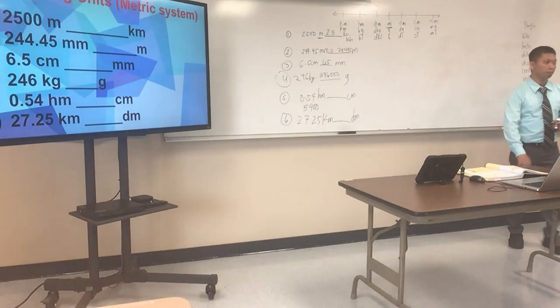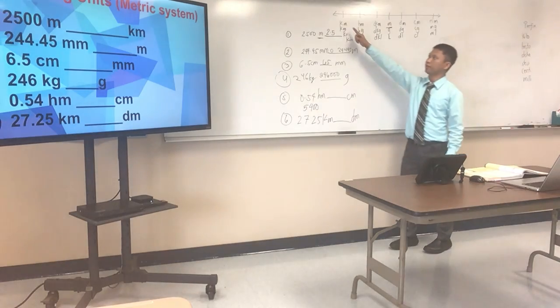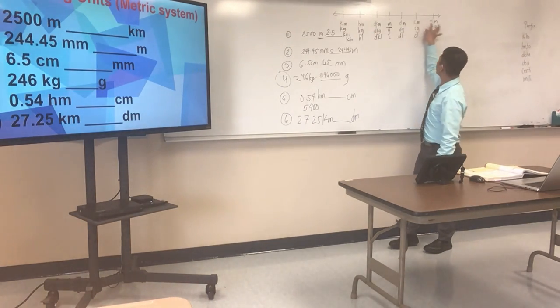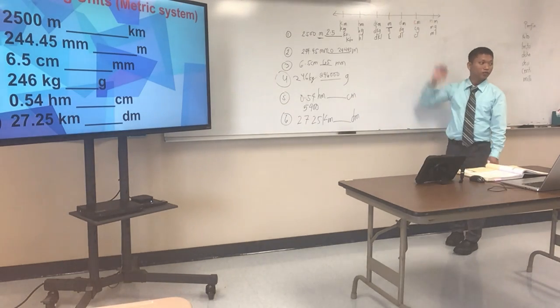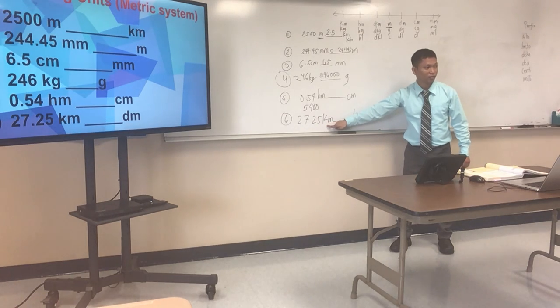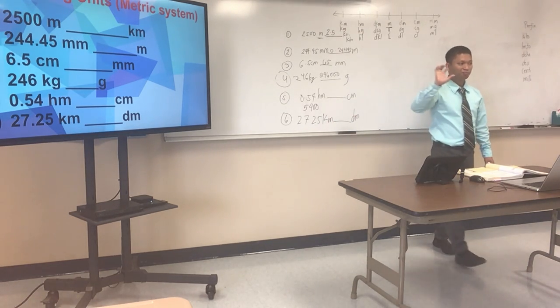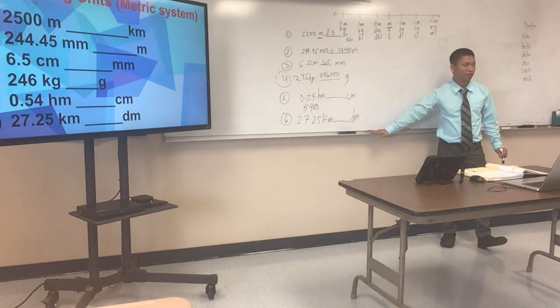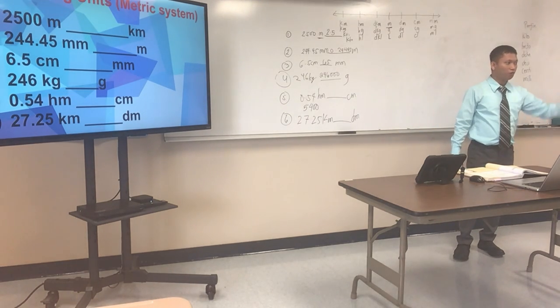Where's KM? KM is back there and DM is here. You are just going to count. We start from KM, kilometers, because we are converting kilometers to decimeters. 1, 2, 3, 4.